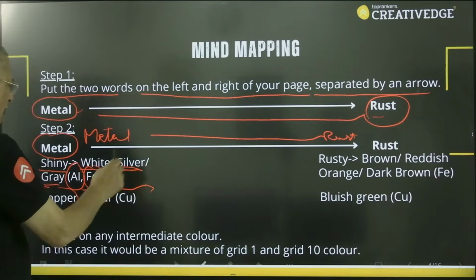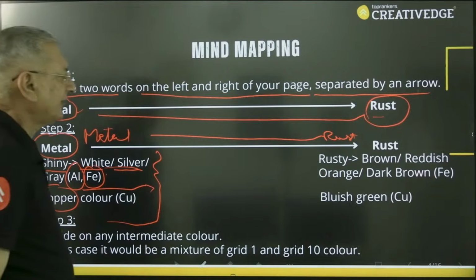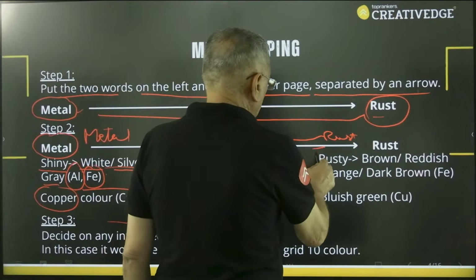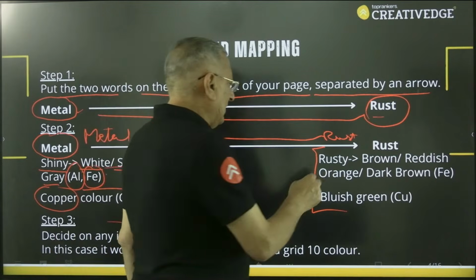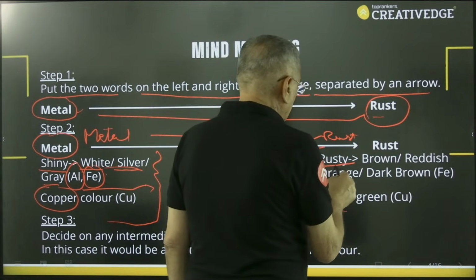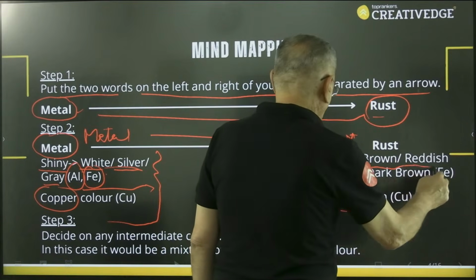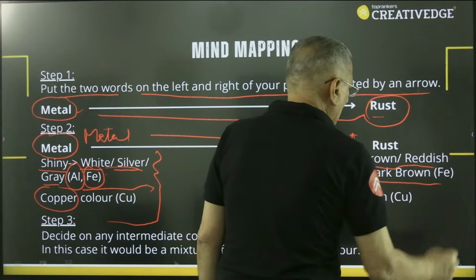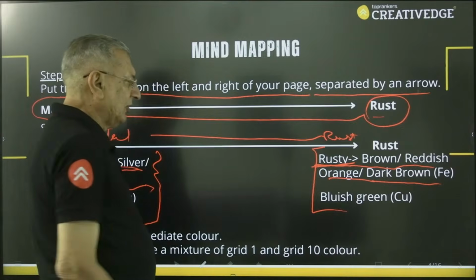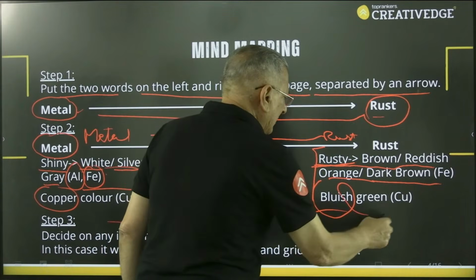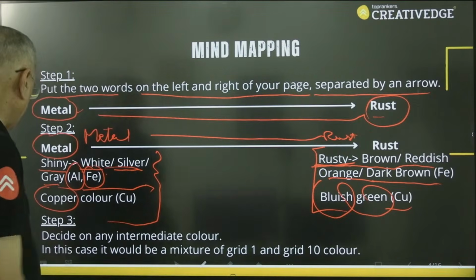So you would describe the metal first, then you describe its oxide. For example, if it was iron, then it would go rusty brown, or reddish orange, or dark brown as the rust of the iron. For copper, it could be bluish green oxide. And these are two examples.